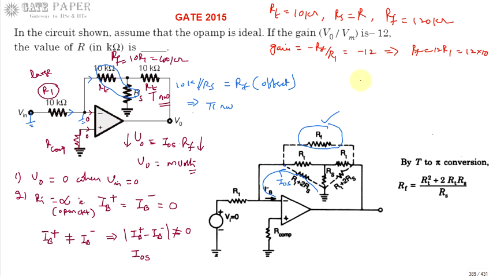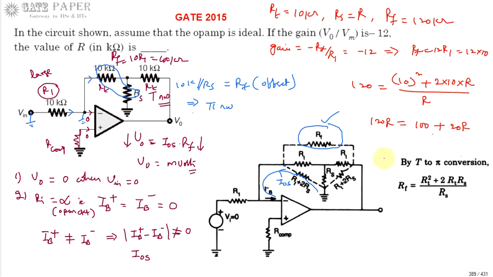Using this equation, RF is equal to 120 is equal to RT square, that is 10 square, plus 2 times RT into RS, where RS is R in our question, divided by R. So 120R is equal to 100 plus 20R.